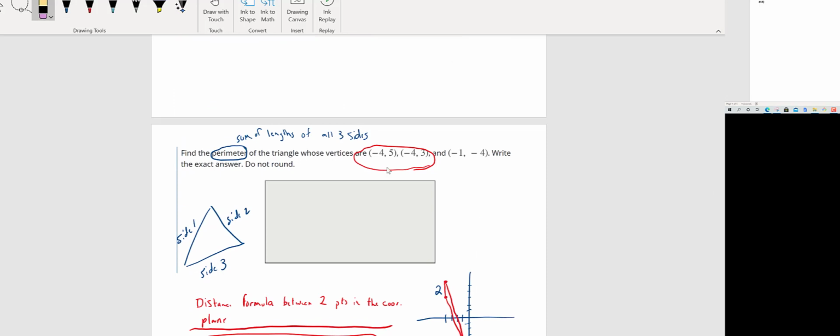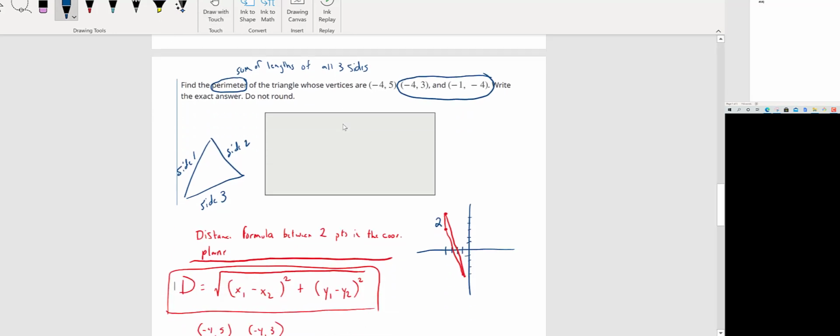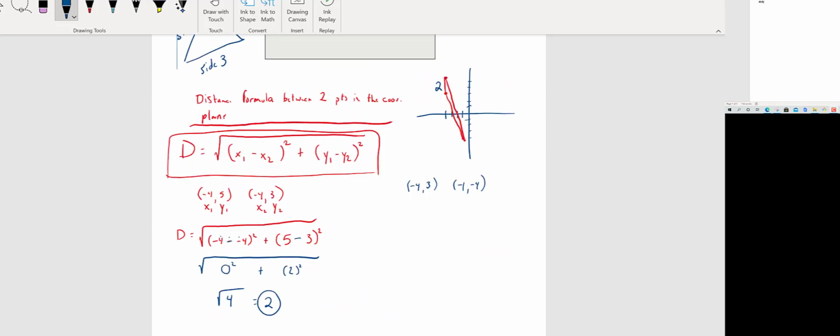Now what I'm going to do is find the distance between point number 2 and point number 3 using the exact same process. So here are my 2 points. And that's going to be my x1, my y1, my x2, my y2. And I'm going to substitute them into the distance formula.